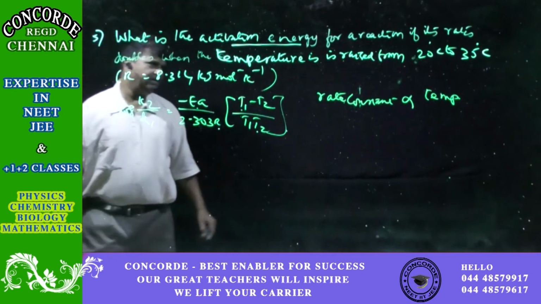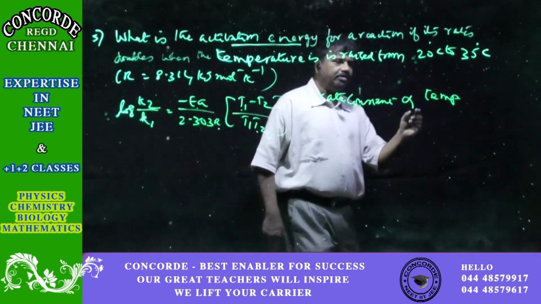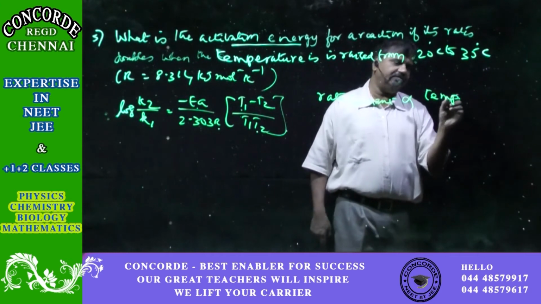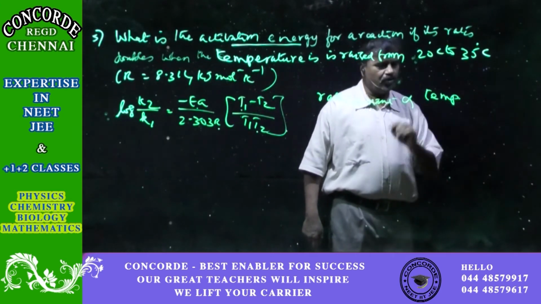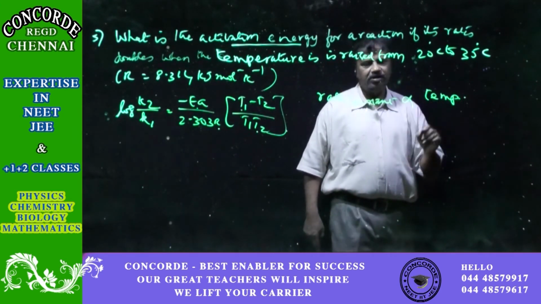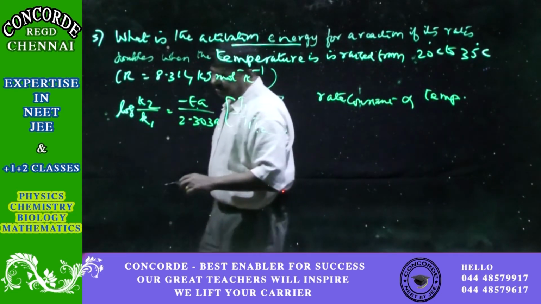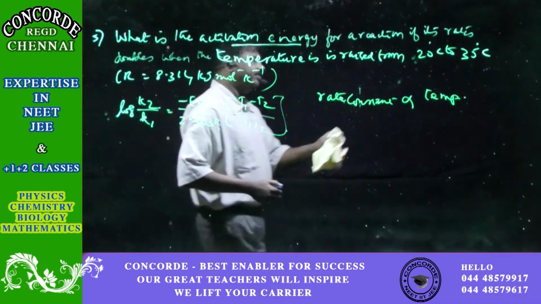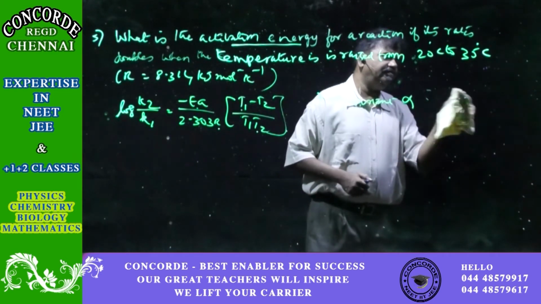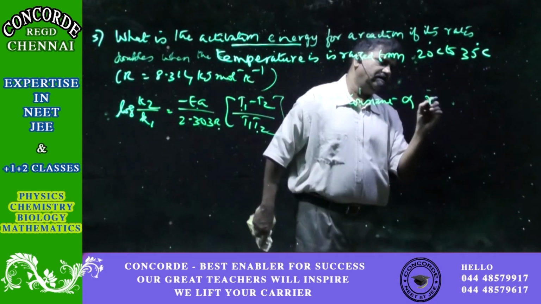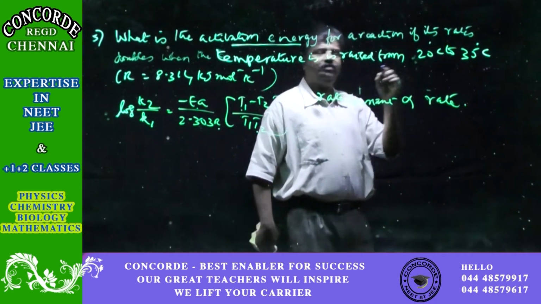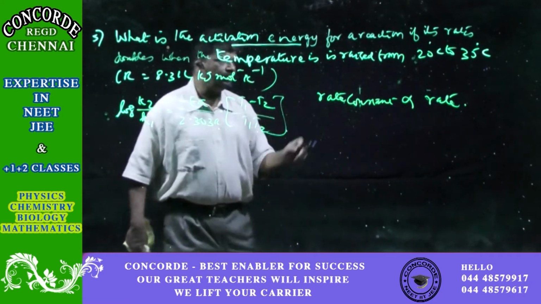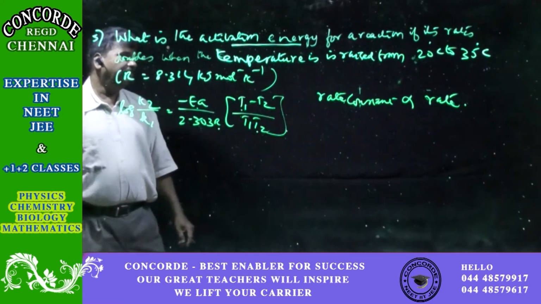Not only that, it depends on the temperature as well as the rate of the reaction. One is temperature and the other is the rate. Temperature anyway we are taking here, so we will have to take the rate.